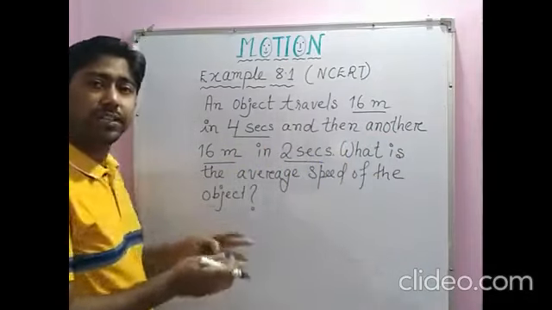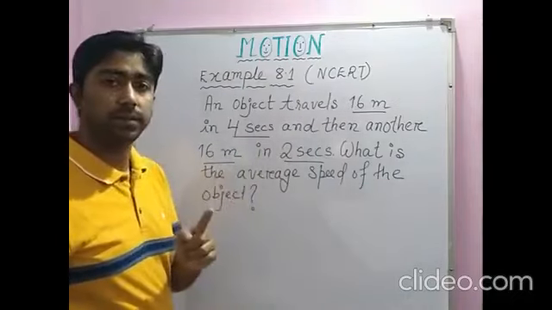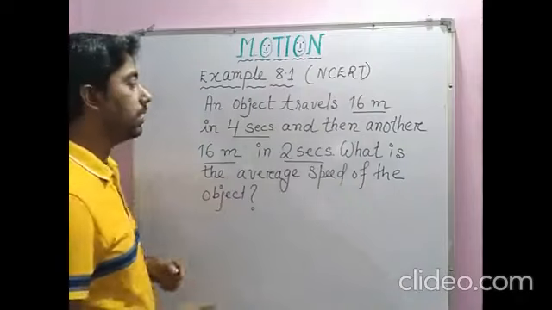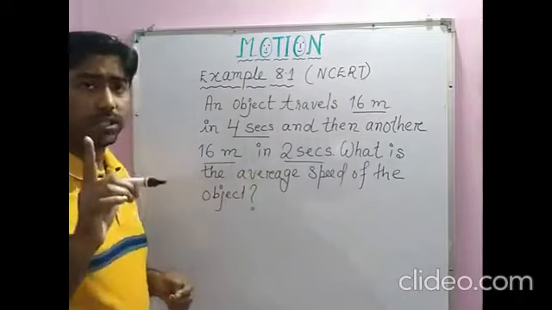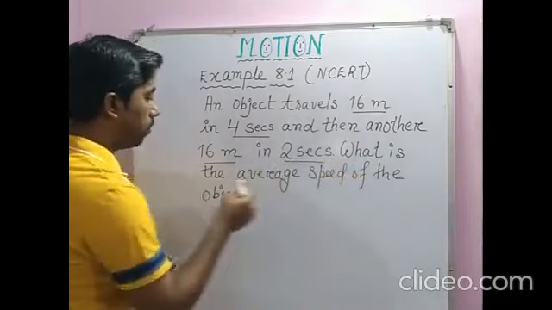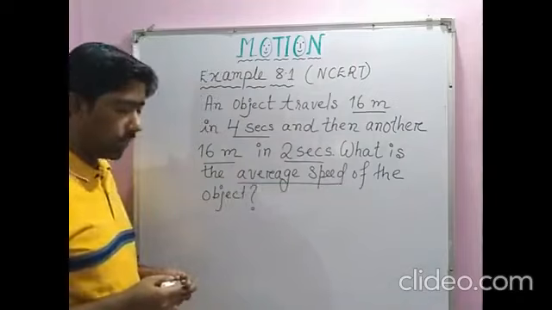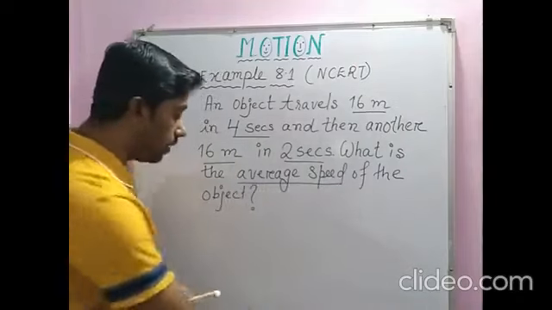So you see that the first 16 meter is traversed in 4 seconds, and the next 16 meter is traversed in just 2 seconds. What is required? What is the average speed of the object? We are asked to find the average speed of the object.